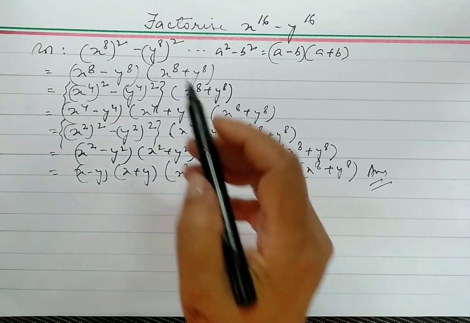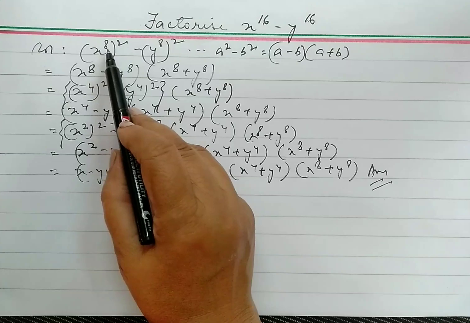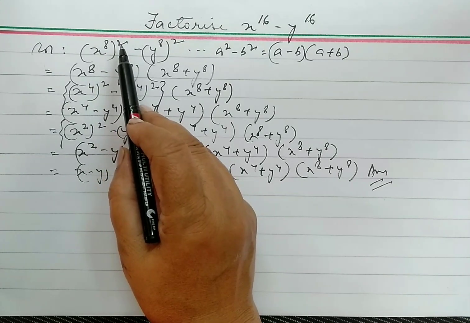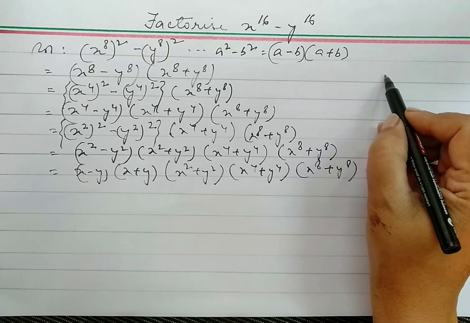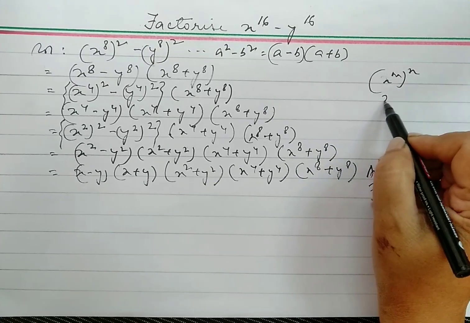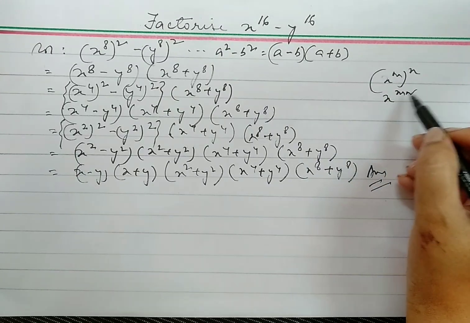Now remember, we can write x to the power 8 multiplied by 2. Exponents get multiplied. Supposing we have x to the power m and outside n, we can write it as x to the power mn, m into n.